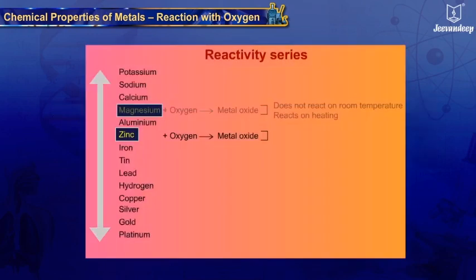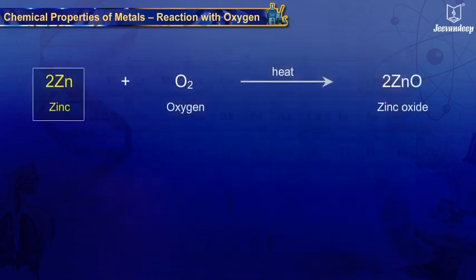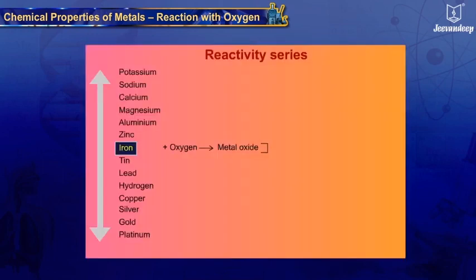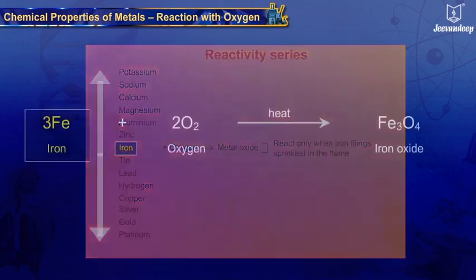Like magnesium, zinc does not react with oxygen at room temperature. It reacts with oxygen on strong heating, forming zinc oxide. Iron reacts with air vigorously only when iron filings are sprinkled in the flame of the burner.